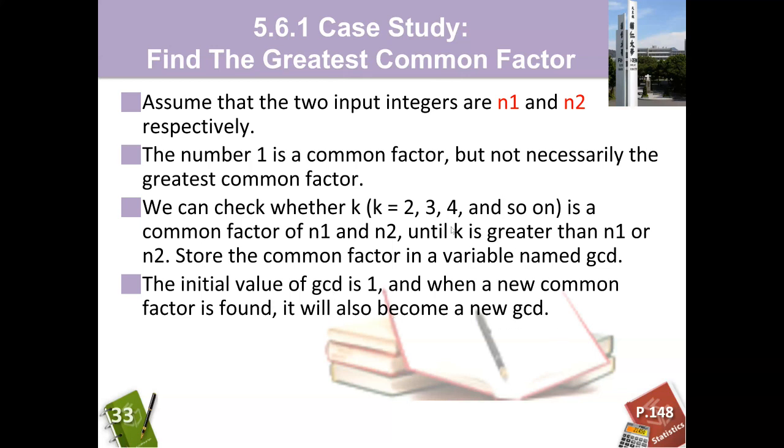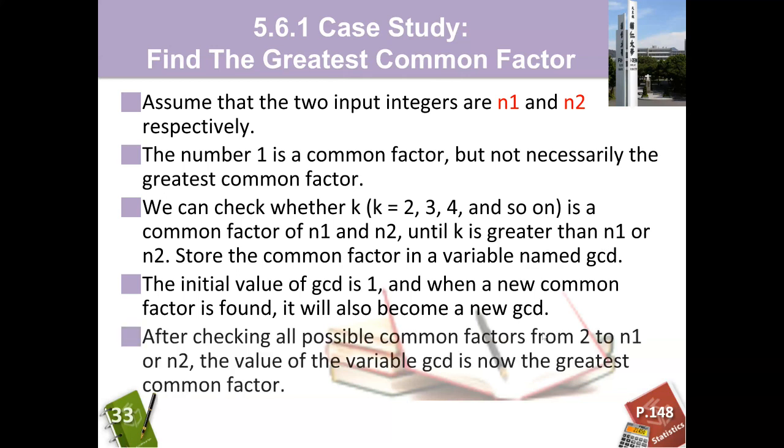Until k is greater than n1 or n2, there's no chance to be a common factor, then the loop will stop, right? So after checking all possible common factors from 2 to n1 or n2, because we don't know which one will be the smaller when the users input n1, n2, the value of the variable GCD now is the greatest common factor.